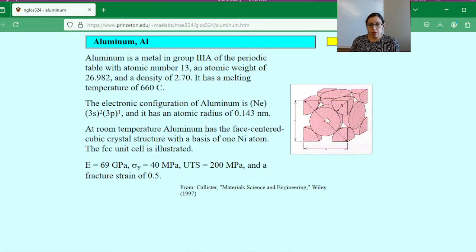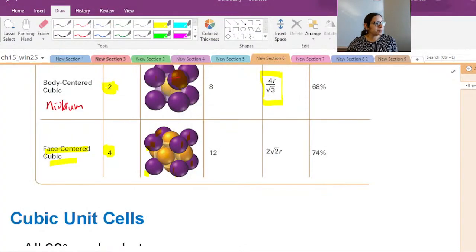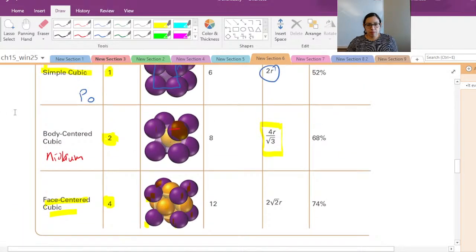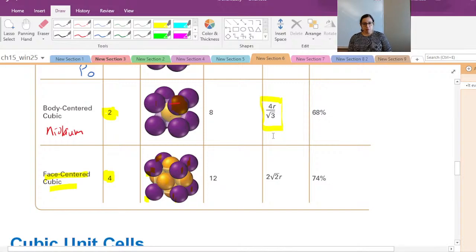So each face has half of an atom to give us 6, divided by 2 to give 3. Does that make sense? So you can see that. And so coordination number would be 12.